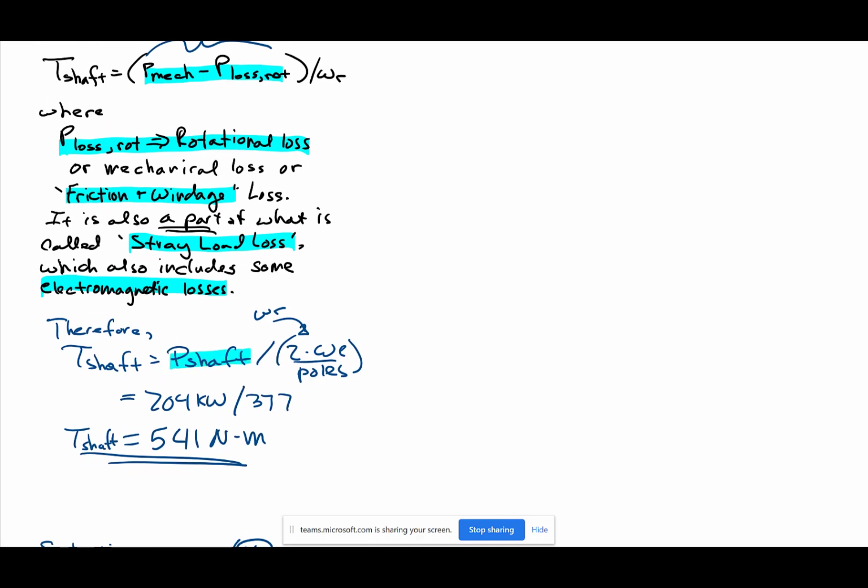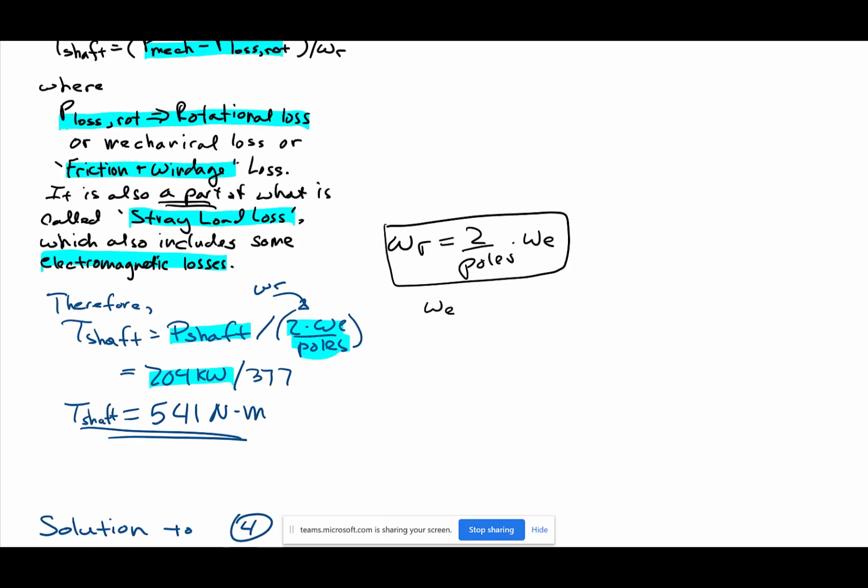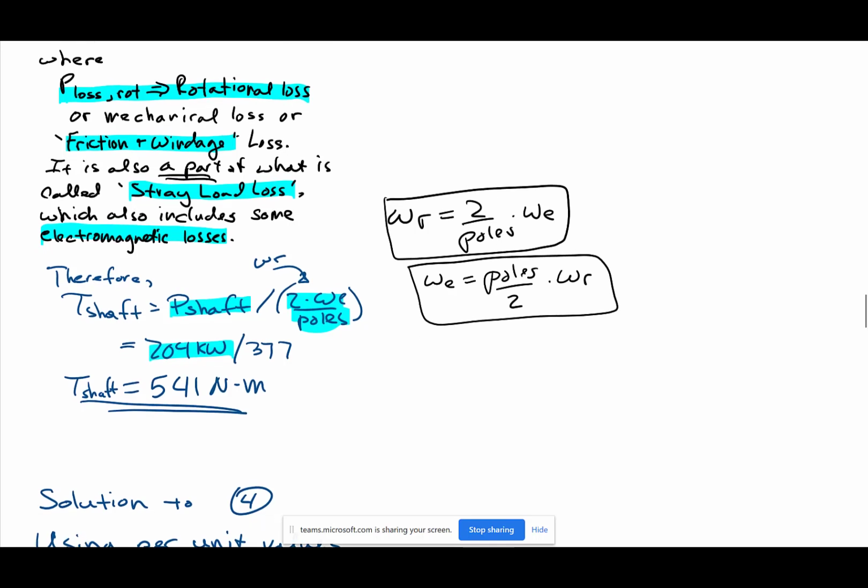Okay, so if we know this, what do I have? I know P shaft. We found 204 kW. What's the mechanical speed? Now, I wrote this down. We talked about it last time, and we'll see this quite a bit. The relationship between the rotor speed and the electrical frequency is 2 over poles times omega E. You might see this more often: it's poles over 2 times omega R. It's just going the other direction here.